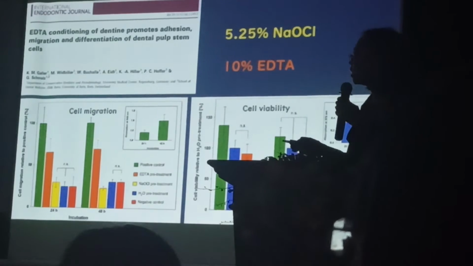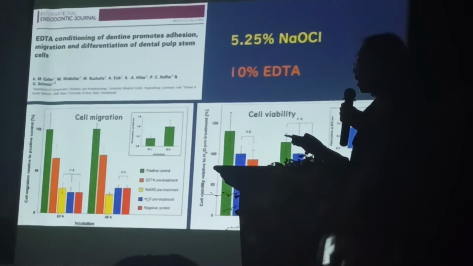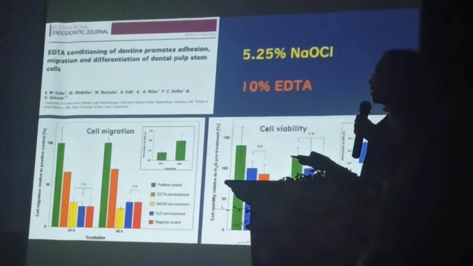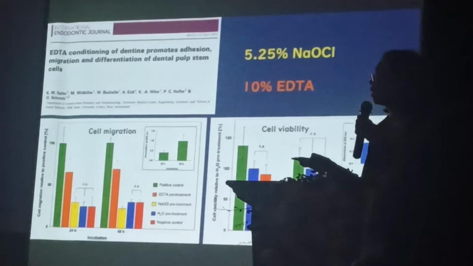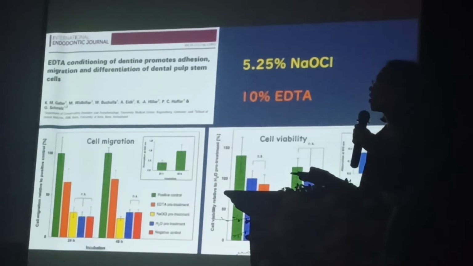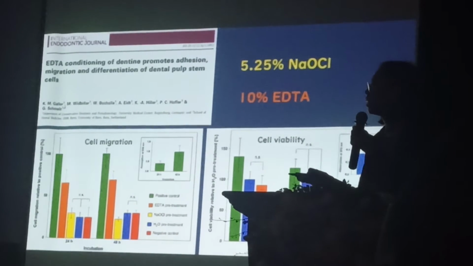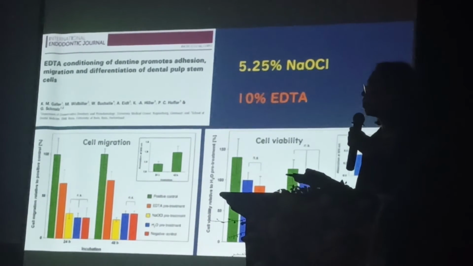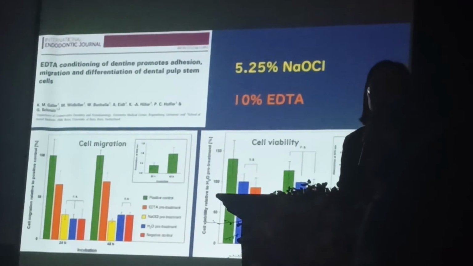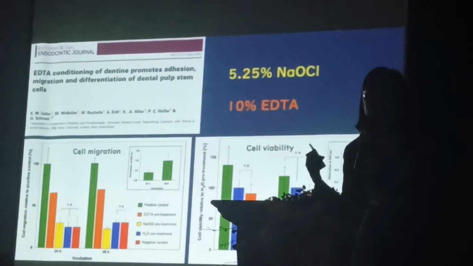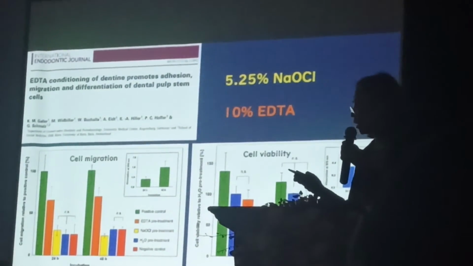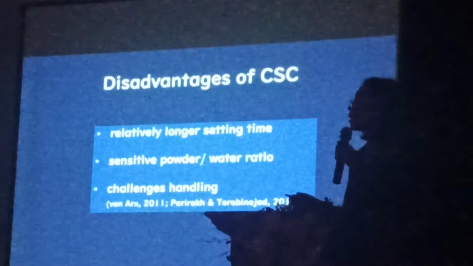Okay, and in the studies, the yellow bar is sodium hydroxide and the orange bar is the EDTA. Look at the cell migration and cell viability. You can see that the orange bar, EDTA, is doing a lot better than sodium hydroxide. So this is probably what we want when the pulp is doing the repair.